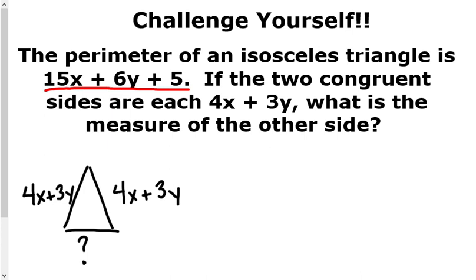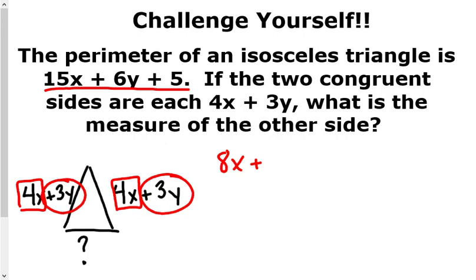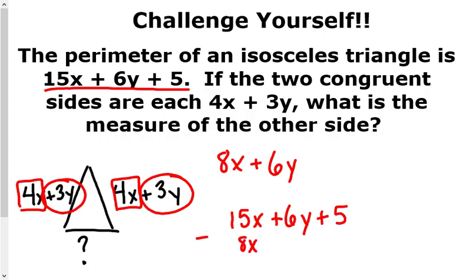Well, the sum of the two sides we know is 8x plus 6y. So I can find the side I don't know by doing this. 15x plus 6y plus 5, the total perimeter, minus the 8x and the 6y, the sum of the two sides that I know.